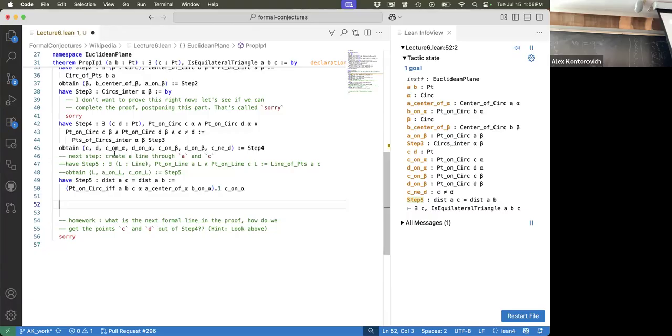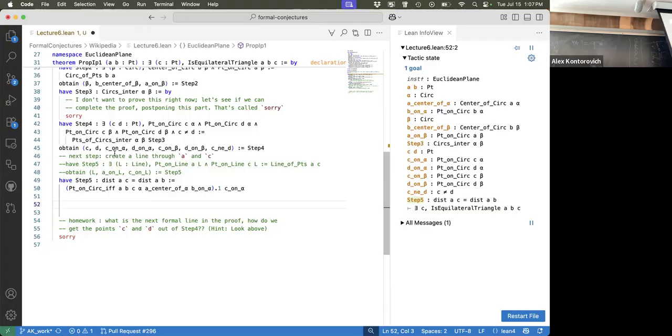Well, so point on circle. The first point has to be the center of beta. This is beta.